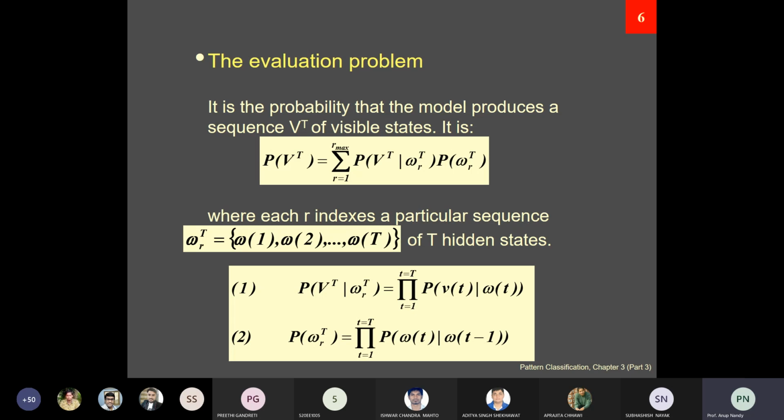Now you have the two components in the summation term. One is probability of VT given W^R_T.